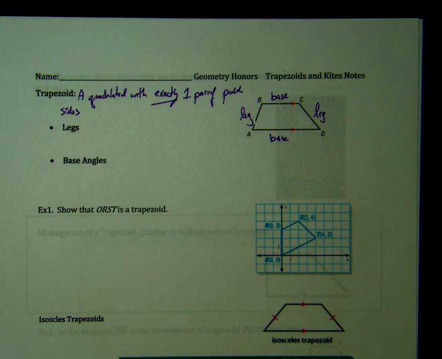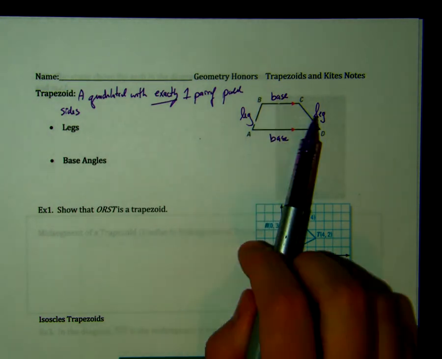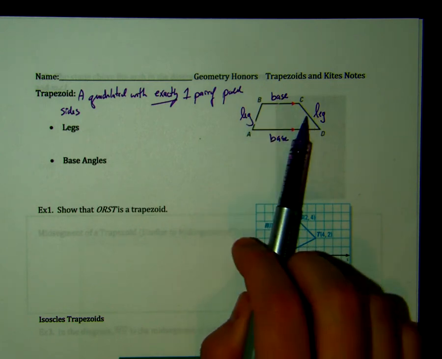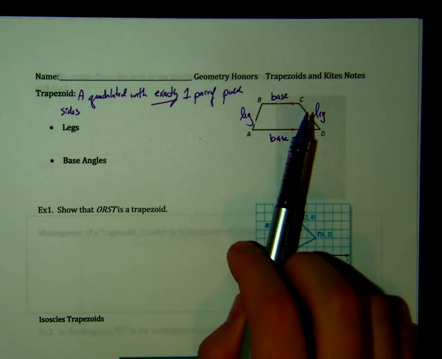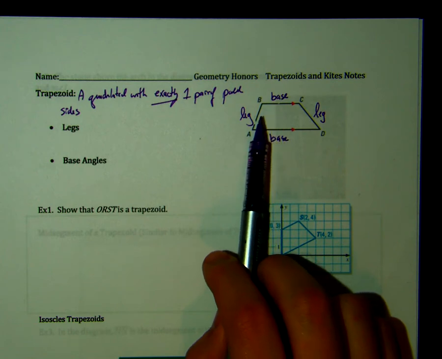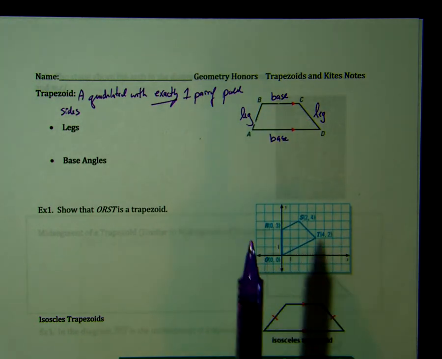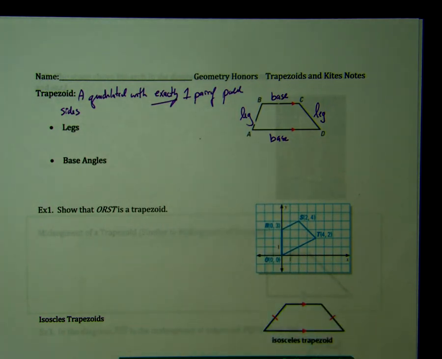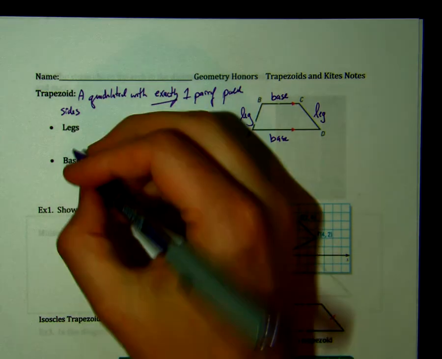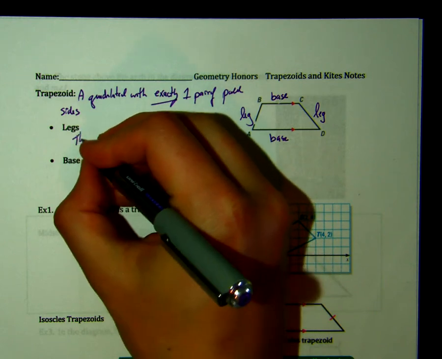So you actually have to look at the other pair as well, because if the other pair is also parallel, then this is a parallelogram. If the other pair is not parallel, then it is a trapezoid. So this is a shape that is not a subset of parallelograms, like rectangles and rhombuses, which we talked about last time. Again, the legs are the non-parallel sides.